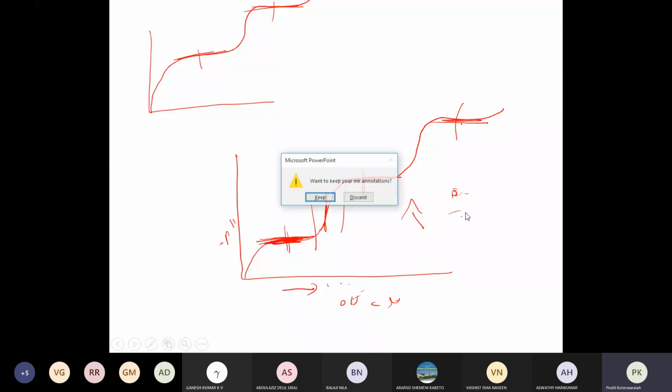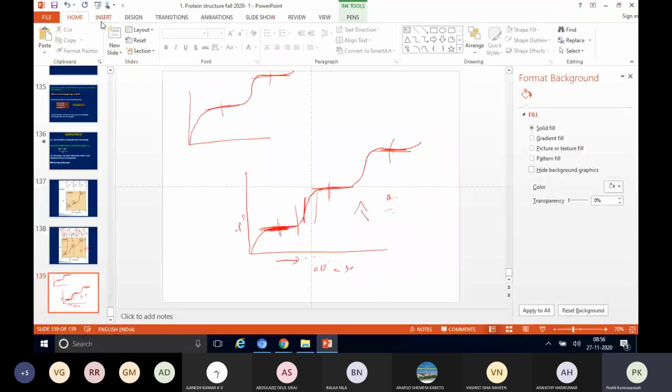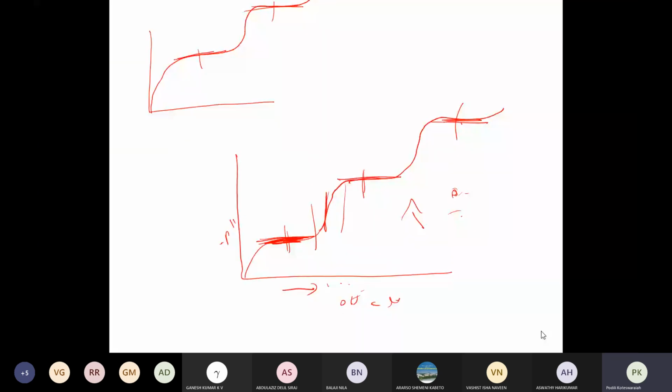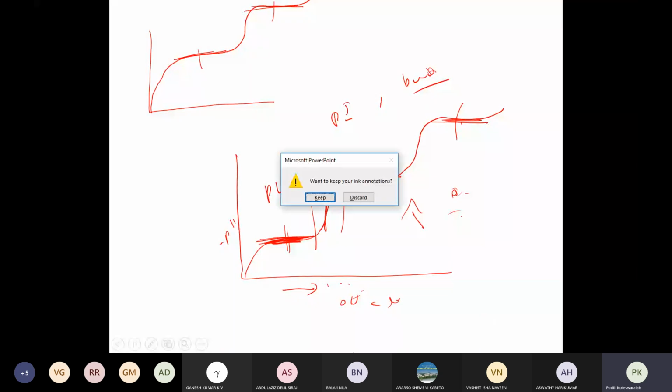And as I already said, this titration curve is useful to determine the pK values, to determine the pI values, to know the buffering region, and also to know the behavior of the amino acid. So this is the importance of amino acid titration curves.